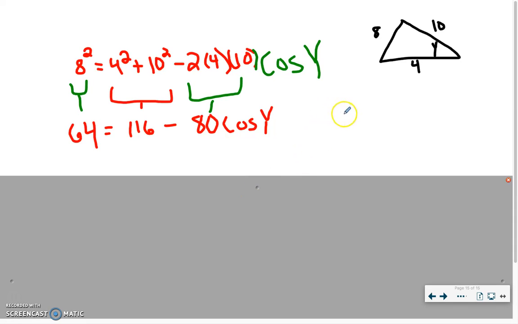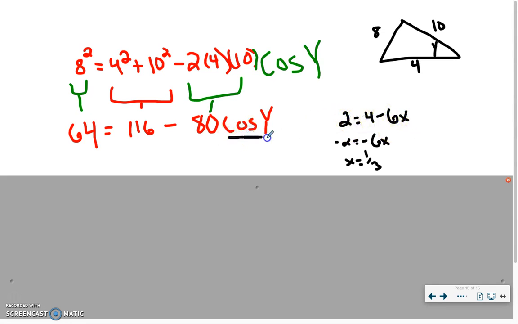In this situation, I want you to think of this as being 2 is equal to 4 minus 6x. You subtract the 4, so we get negative 2 is equal to negative 6x, and then we divide, and we get x is equal to 1/3. So treat solving this value right here similar to what you've done with all your equations.